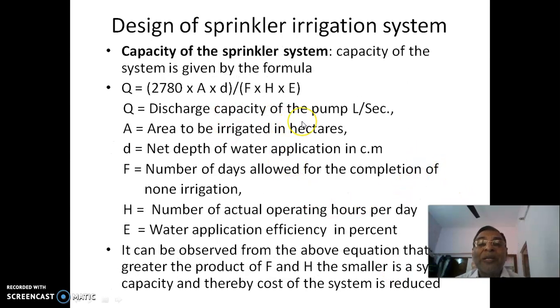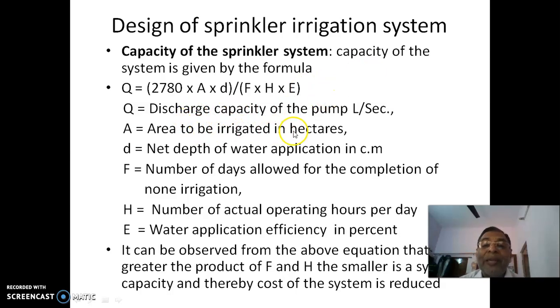The capacity of the sprinkler system as a whole, this capital Q, earlier it was small q, is calculated as Q = A × D × constant divided by F × H × E. Q is the discharge in liters per second.